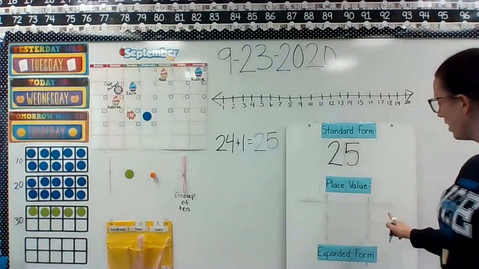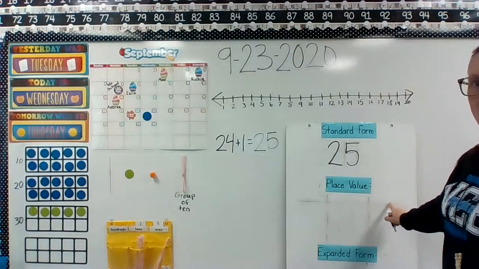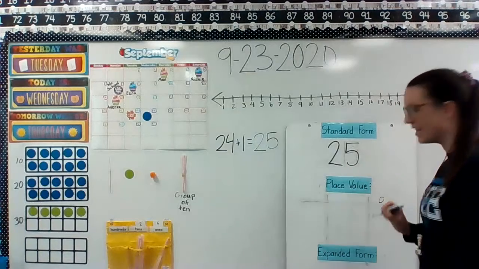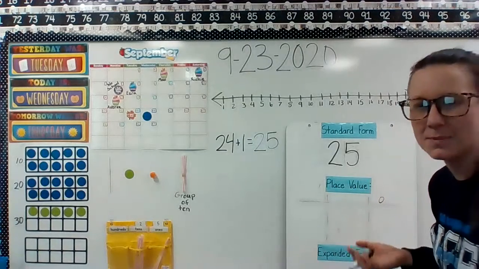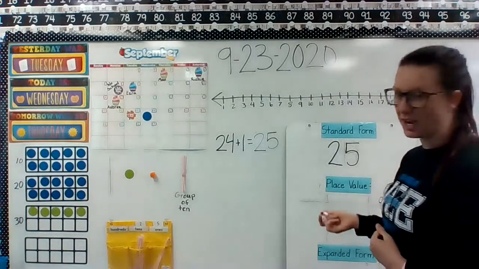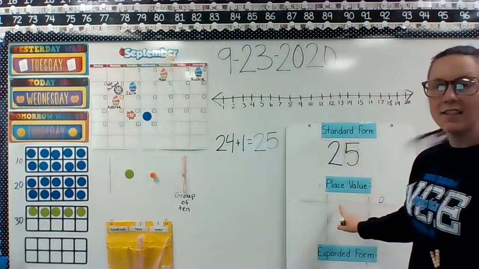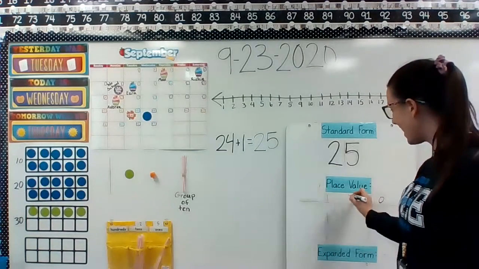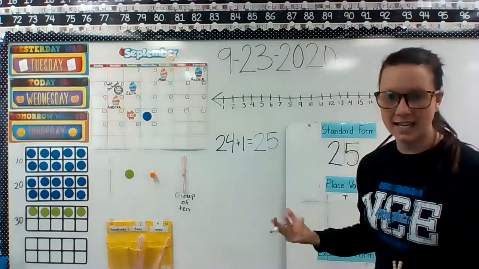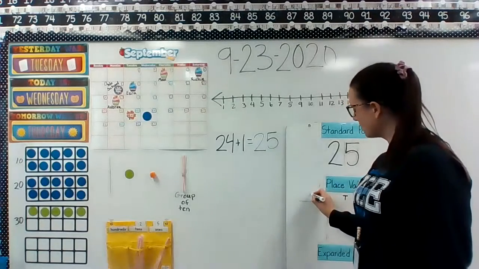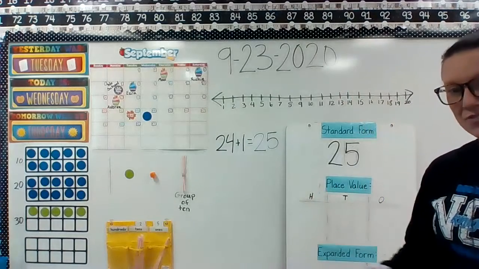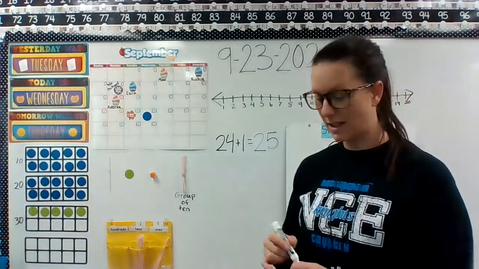So we know that the smallest is all the way to the right. That's the 1s. So I'm going to put an O. You spell 1s, O-N-E-S. So I put an O there. Then that means this one must be the 10s. So I'm going to put a T because 10. And we're not worried about this one, but I'll go ahead and label it an H for hundreds.